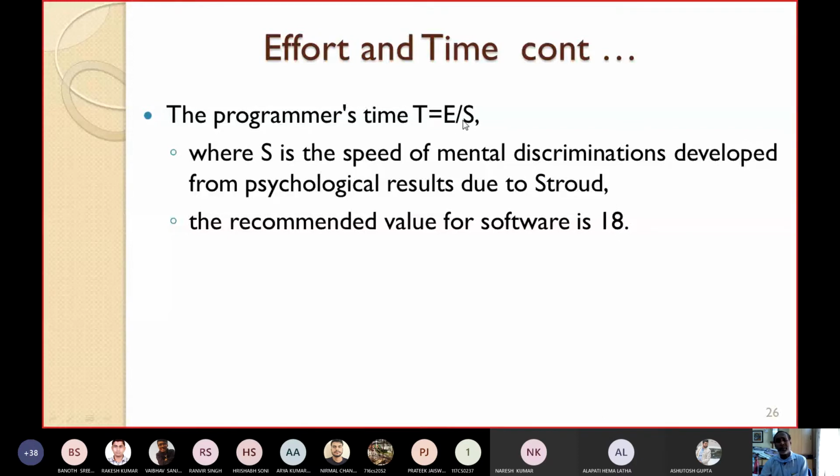We have to remember this thing. The recommended value of S for development of software is 18. This has been obtained from several experiments. So in this way, you can estimate the programmer's time T, which is defined as E by S.